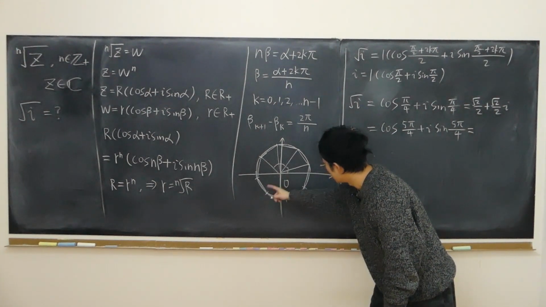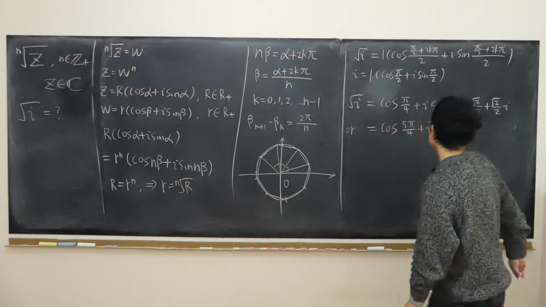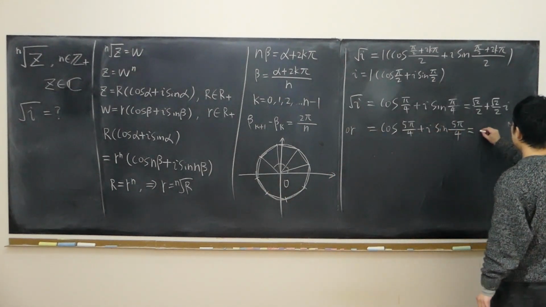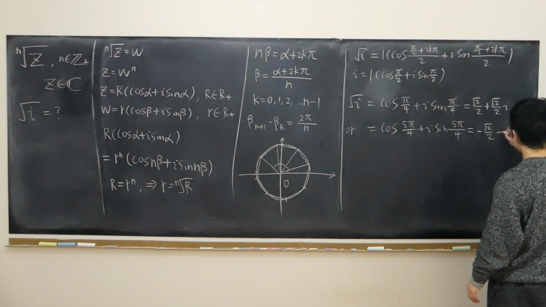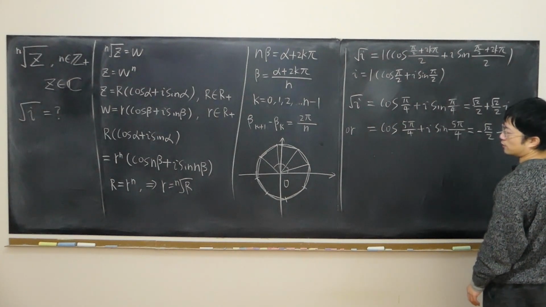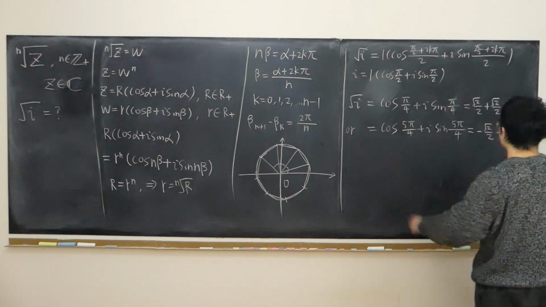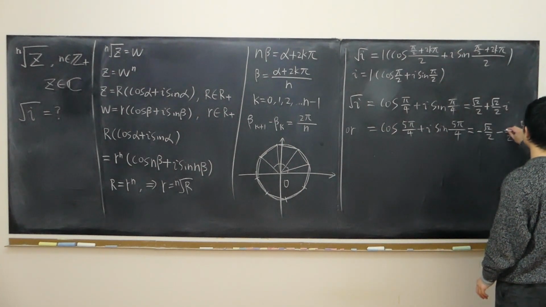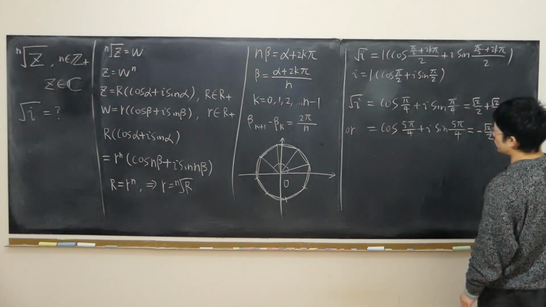This 225 degrees, somewhere here. So that's negative half of square root of 2, minus, because both cosine and sine are negative inside the third quadrant, minus half square root of 2 times i. We can later double check.